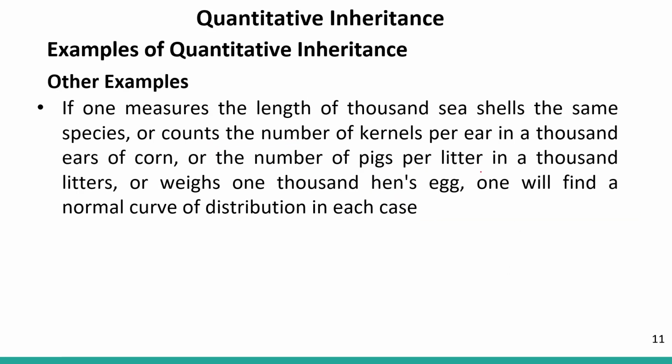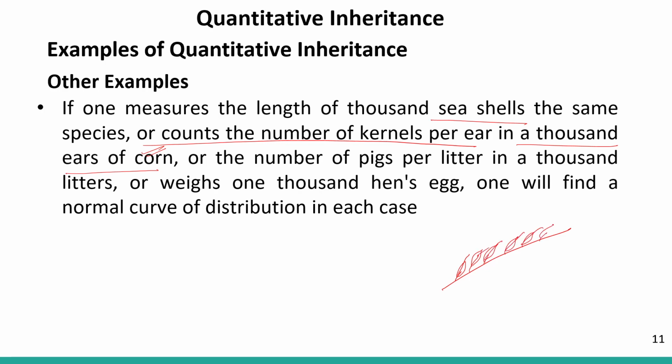So if one measures in the same way the length of 1,000 seashells of the same species, or counts the number of kernels per ear in 1,000 ears of corn, right? So, ear, this is the kernel, right?